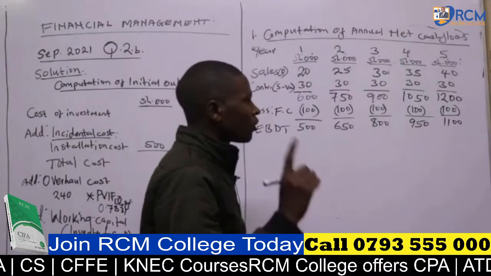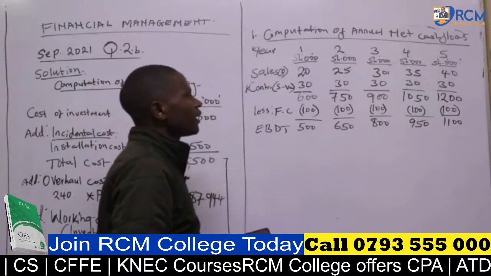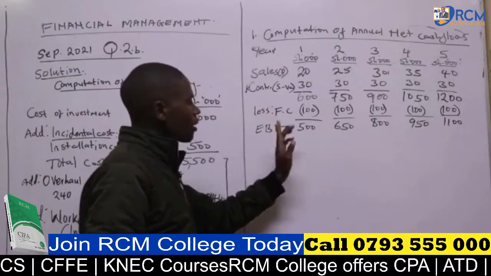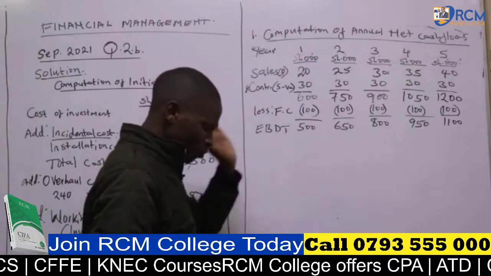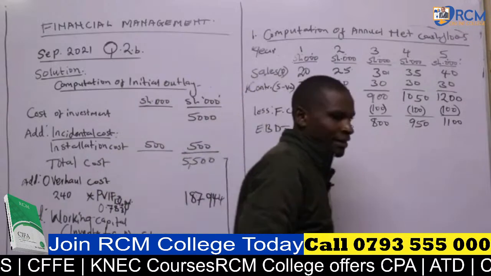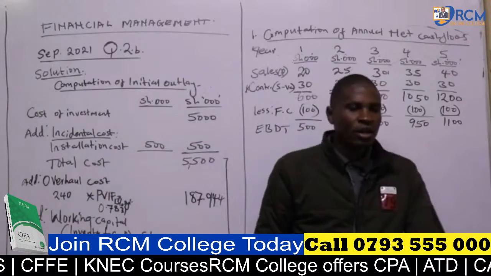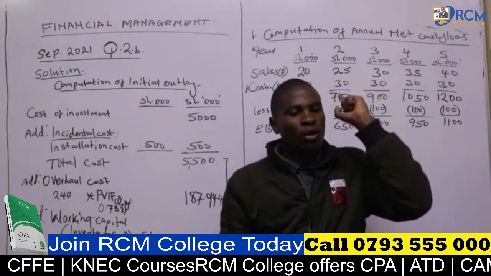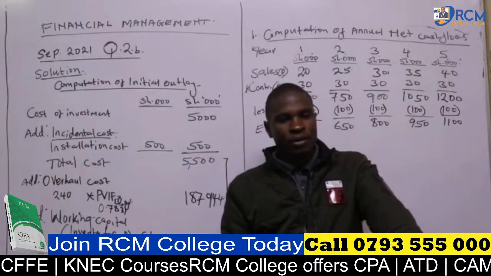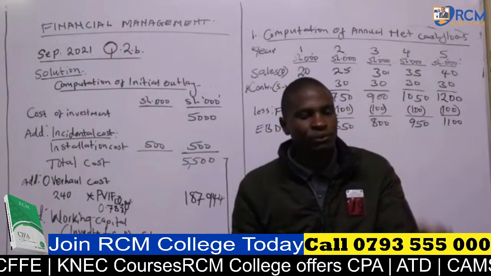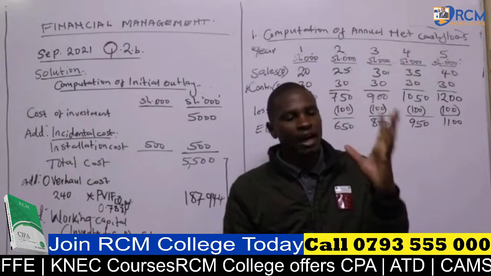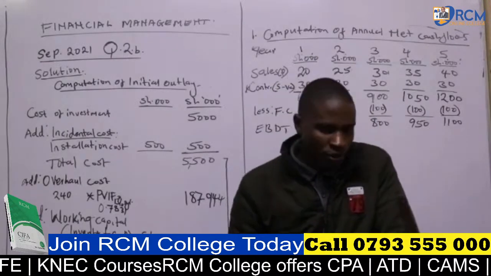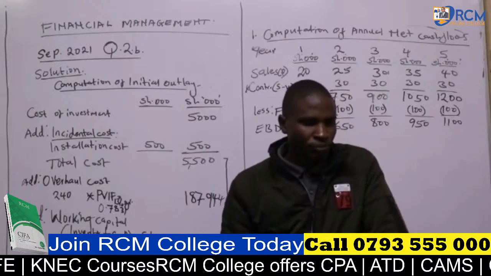Now, class, once you get to this point, you are good to go. Because what do you want at the end? You want to get cash flow at the end so that you are able to discount them to get the annual net cash flow.